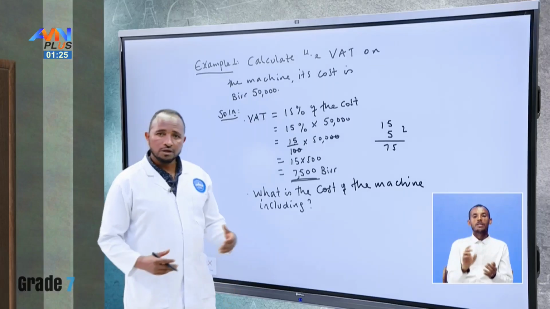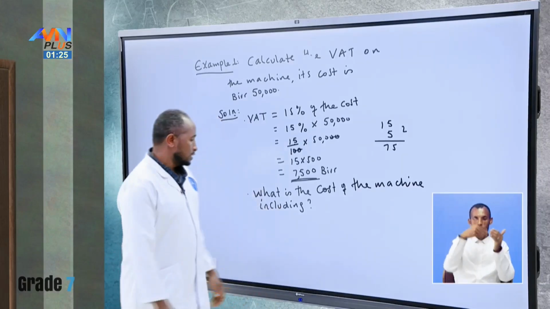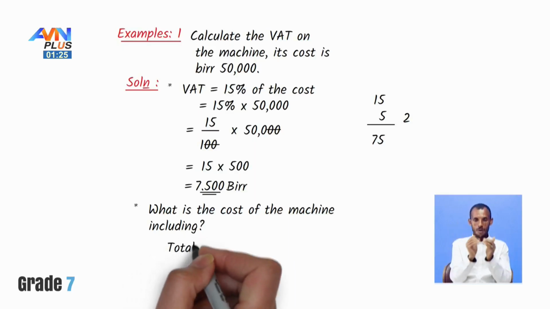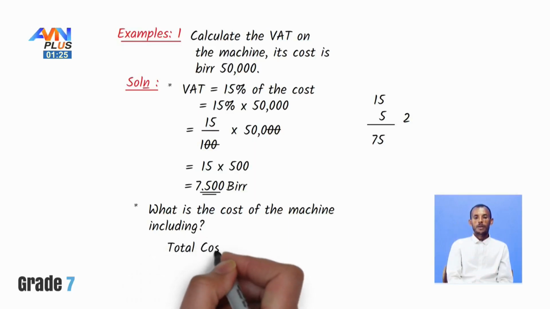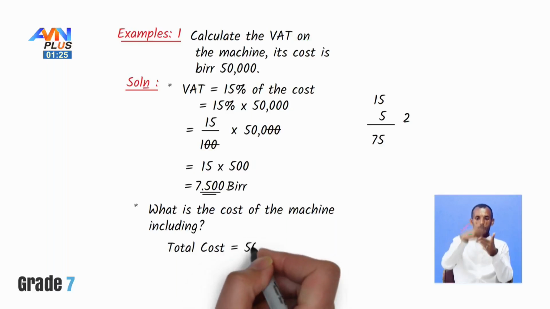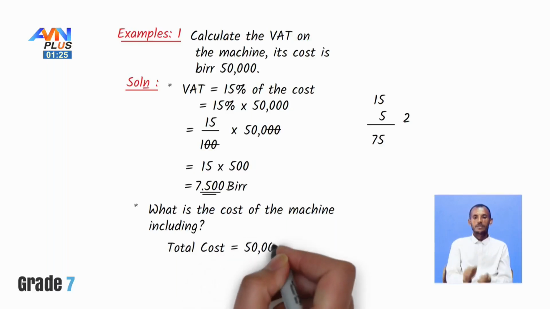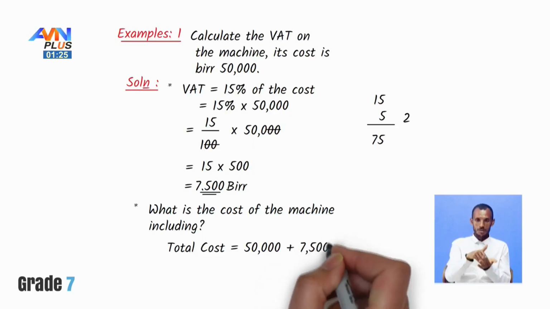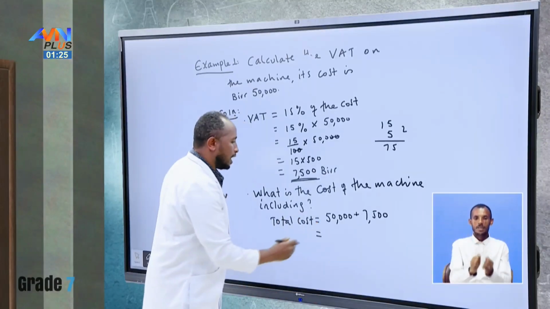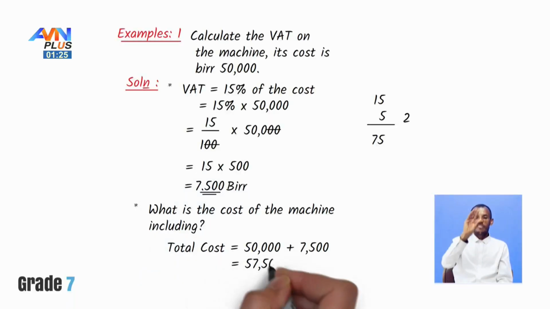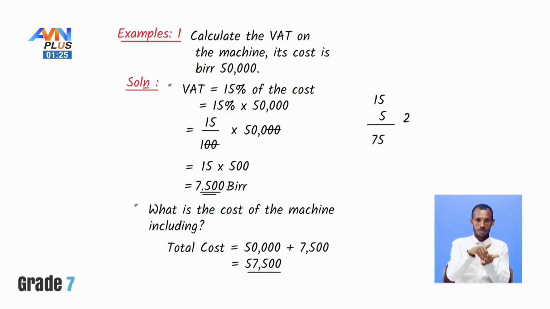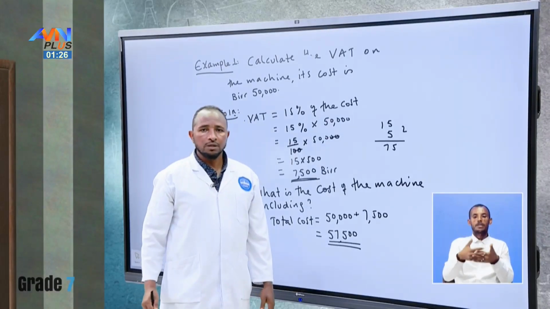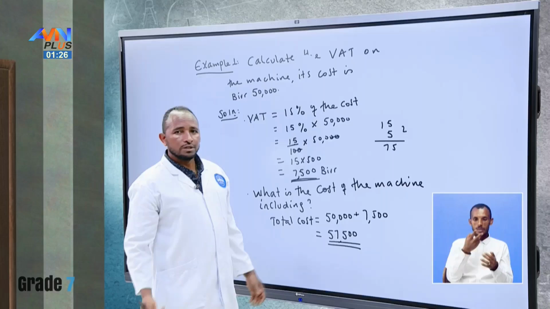Together they give us the total cost of the machine. Total cost will be equal to the original cost without VAT, 50,000, plus the amount of VAT, 7,500. Together, you will have 57,500 as the total cost of the machine. Now, we'll proceed to the second example.